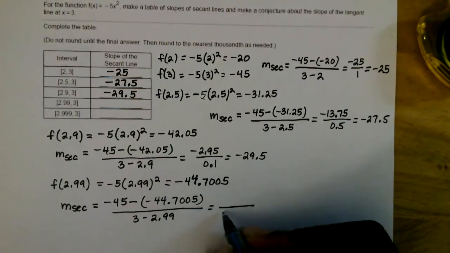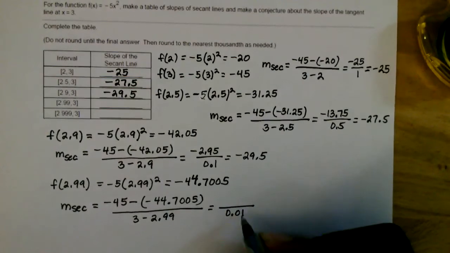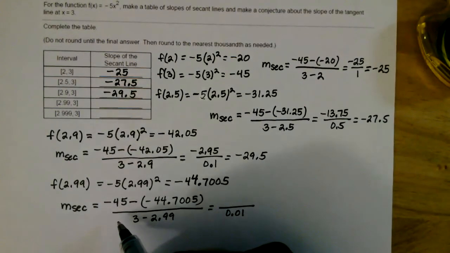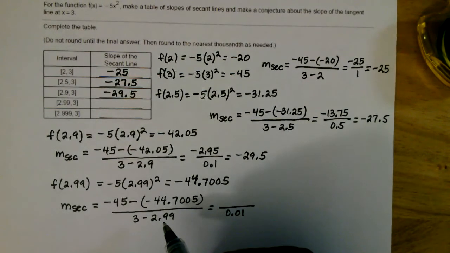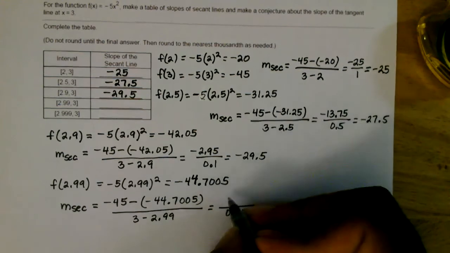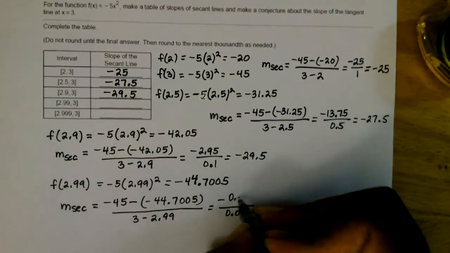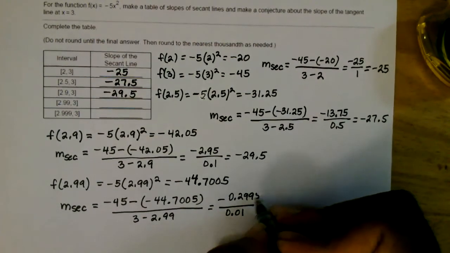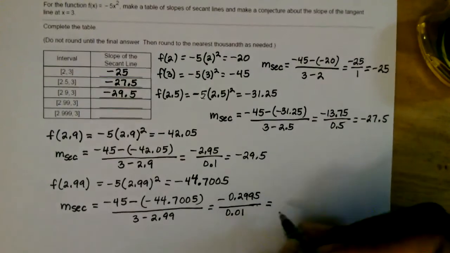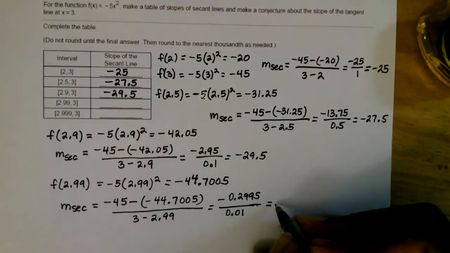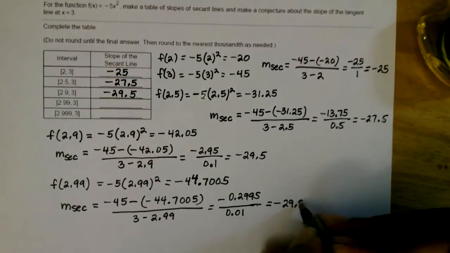I know that denominator is going to be 0.01. And then negative 45 minus negative 44.7005 will be negative 0.2995. Divide that by 0.01, that's going to be negative 29.95.